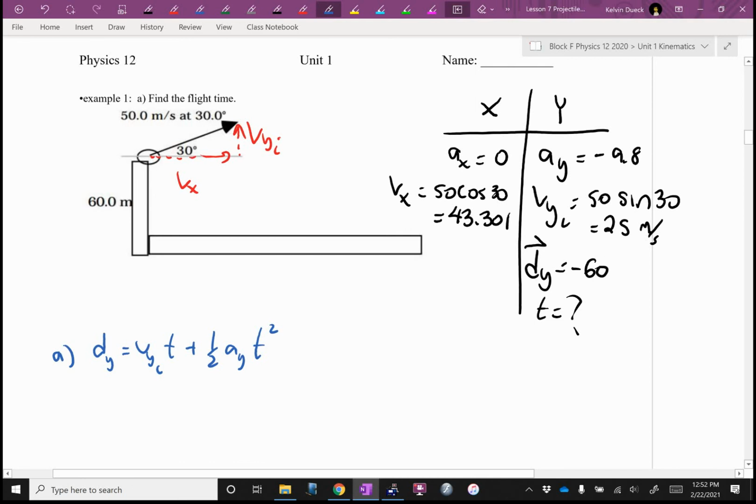So, does anything cancel? Are there any zeros? This is a full bore quadratic. So I'm going to plug and chug. It's going to be negative 60 equals 25t minus 4.9 t squared. AJ, where'd the minus 4.9 come from?